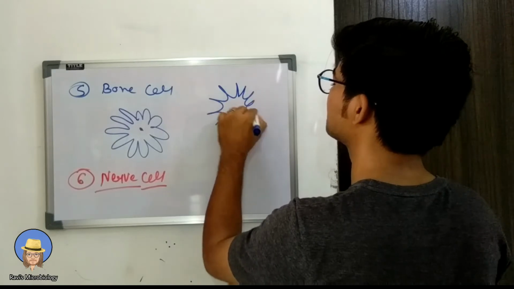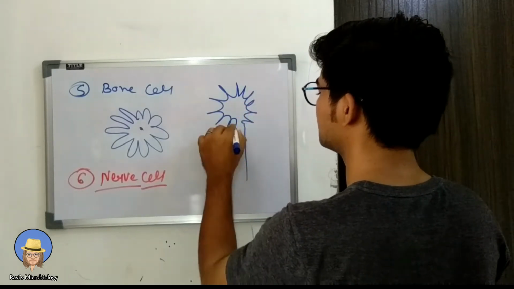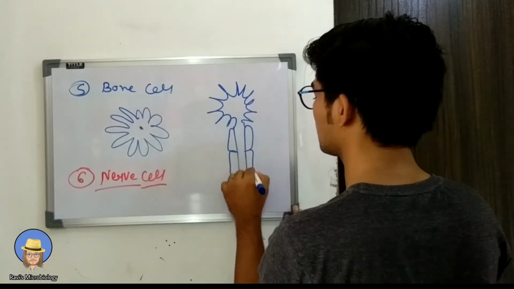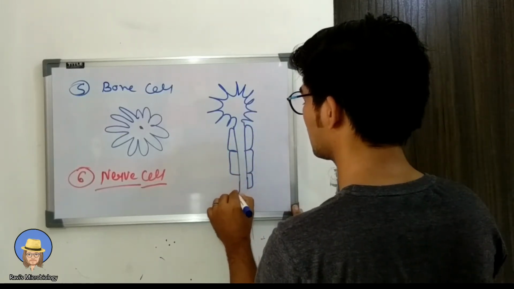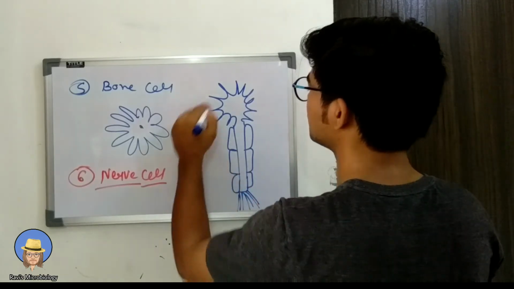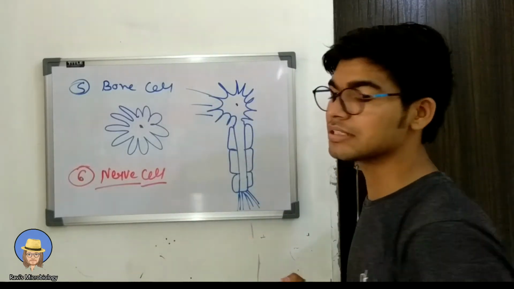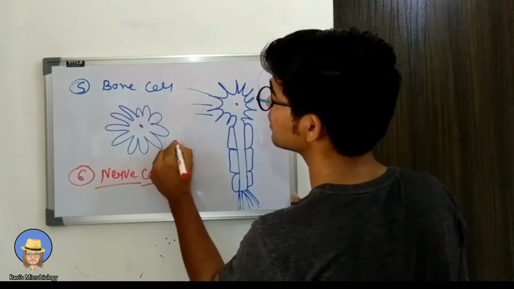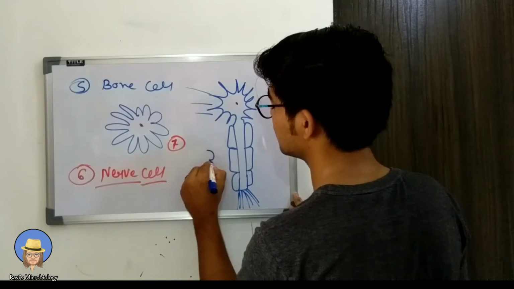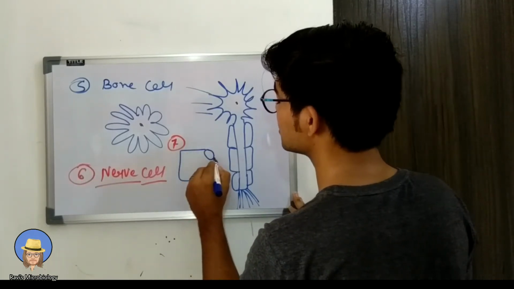It has a typical shape, and it has a nucleus. The seventh and last cell is the fat cell, which is mainly present in the fat bodies.